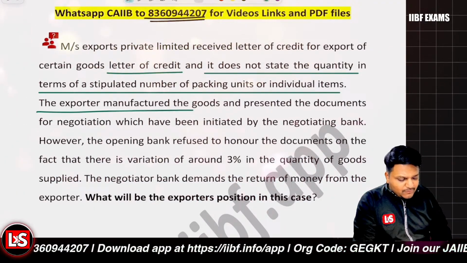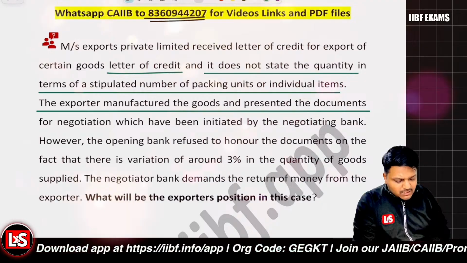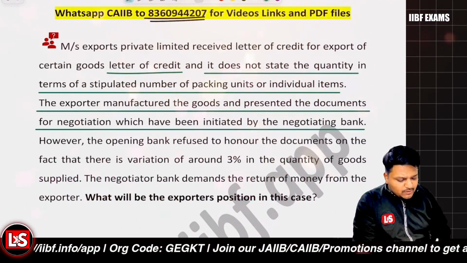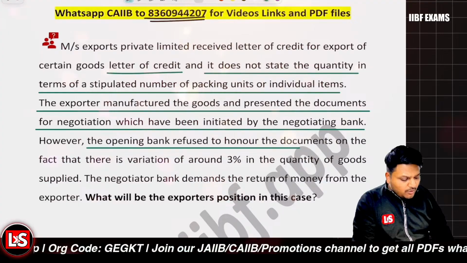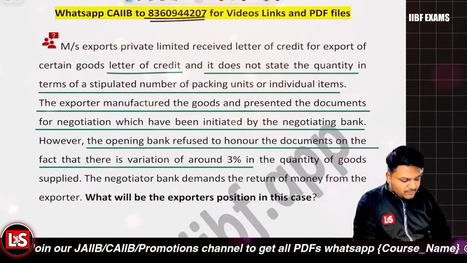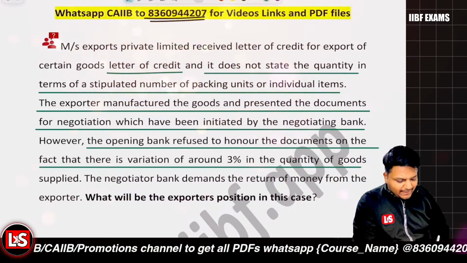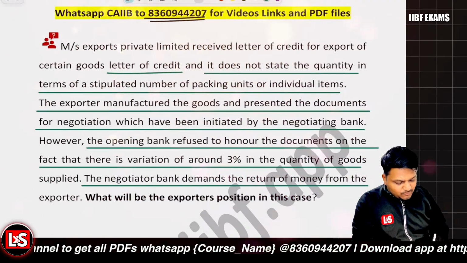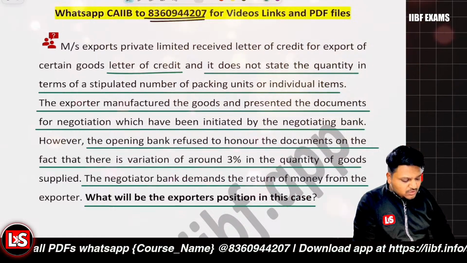The exporter manufactured the goods and presented the documents for negotiation, which was initiated by the negotiating bank. However, the opening bank refused to honor the documents on the ground that there is a variation of around 3% in the quantity of goods supplied. The negotiating bank demands the return of money from the exporter. What will be the exporter's position in this case?